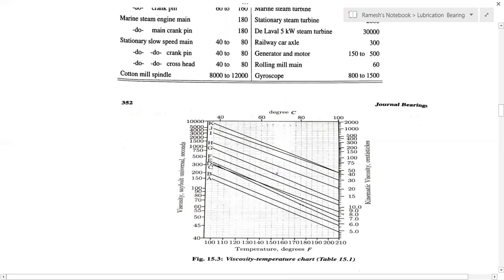For operating temperature 70, if I extend that, here you get 40 or 42. That is 42, and the unit is centistokes.